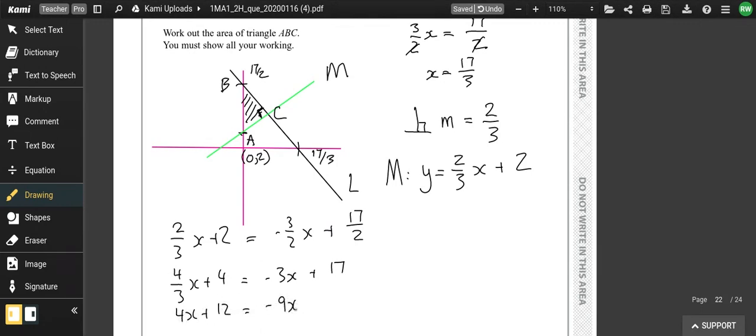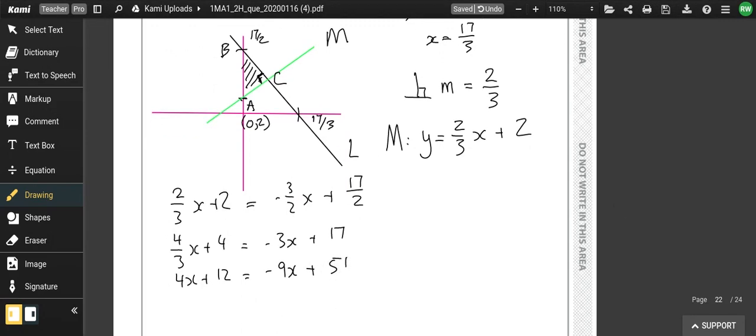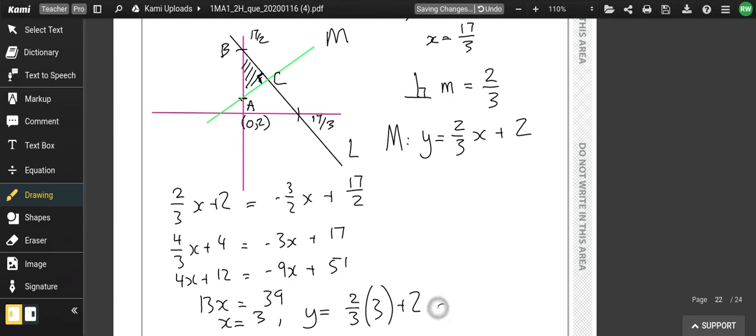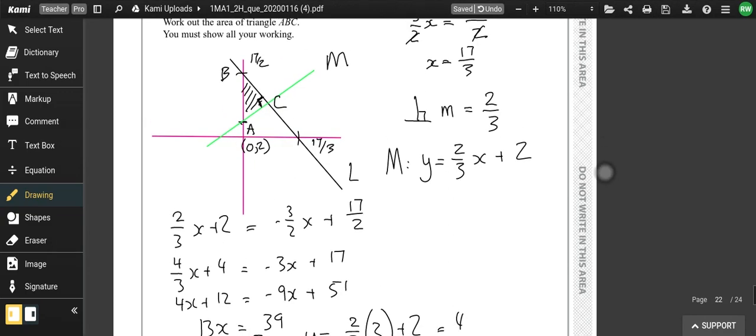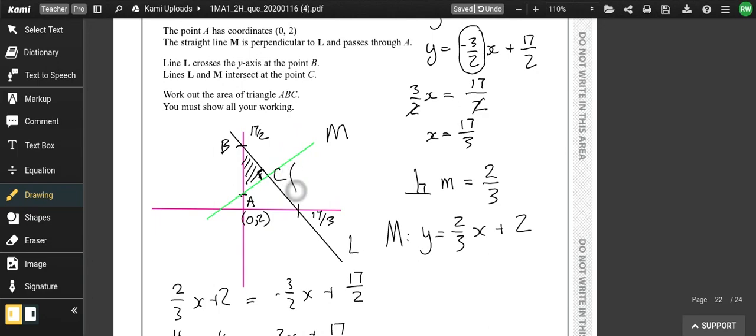Minus 9x, 51. Rearrange this. 13x equals 51, take away 12 is 39, so x is 39 over 13, which is 3. Y equals 2/3 of x plus 2, so that's 4. So when x equals 3, y equals 4. So C is 3, 4.